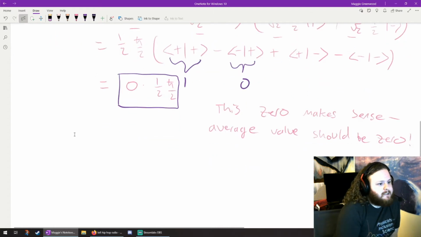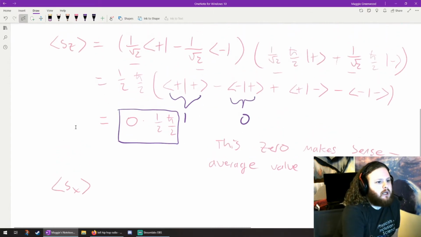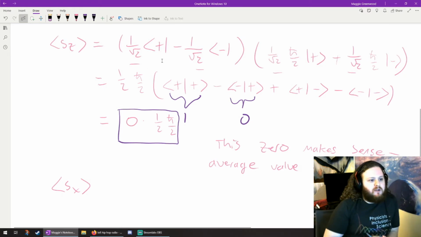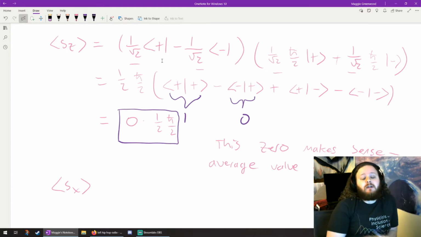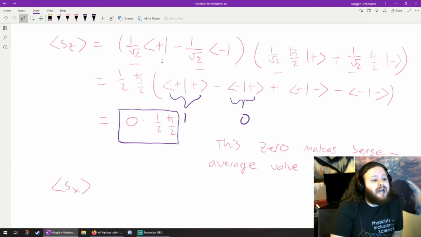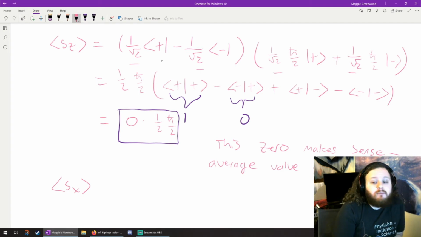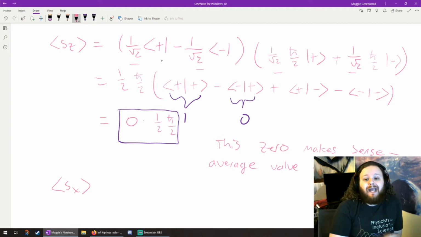Let's do Sx. So Sx is basically going to have the exact same procedure to it, right? I'm going to write down the state as a bra, put the operator in the middle, let it act on the kets, and then just do my dot products. But I'm going to try and stay in bra-ket notation, and what that's going to require is this: I don't know the action of an operator on anything but its own eigenvectors, right?